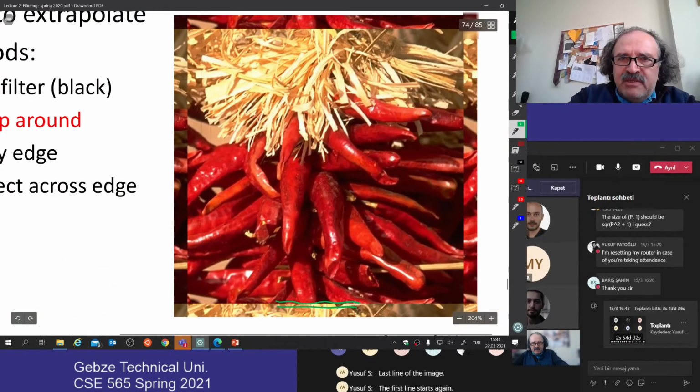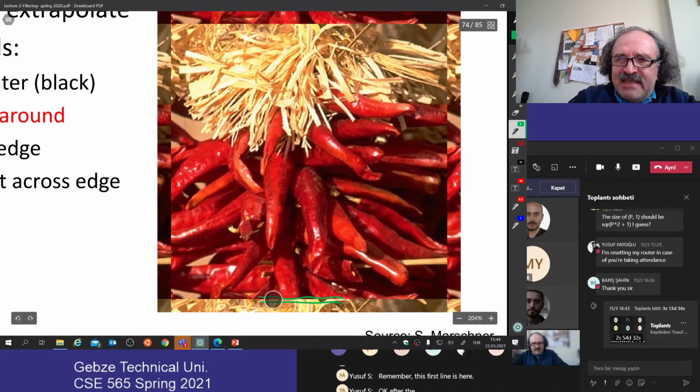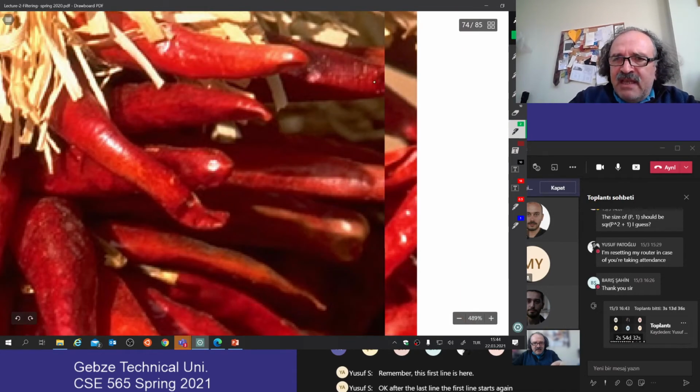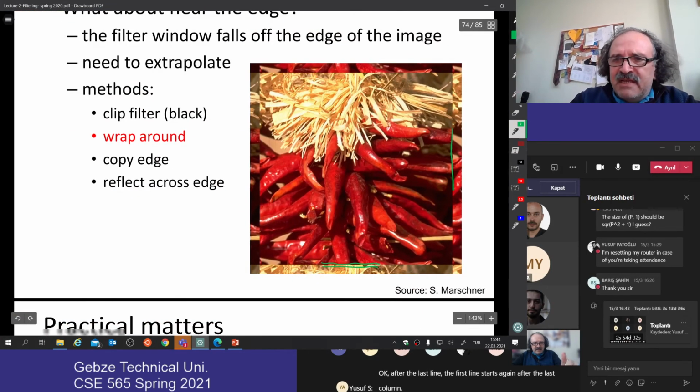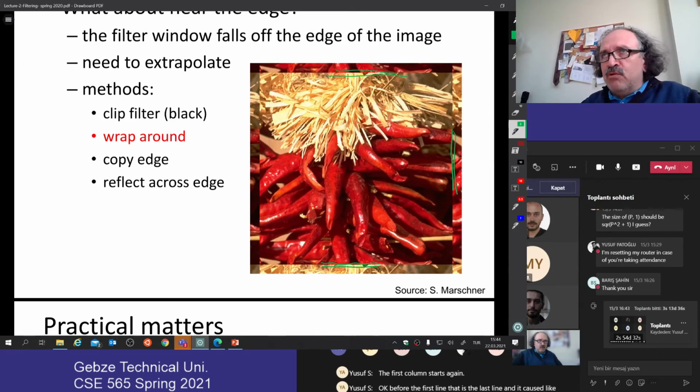Remember, this first line is here. After the last line, the first line starts again. After the last column, the first column starts again. Before the first line, there is the last line, and it goes like that. This is called wraparound.